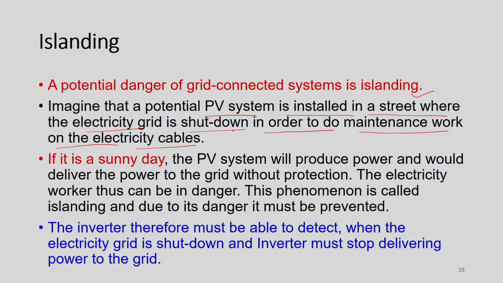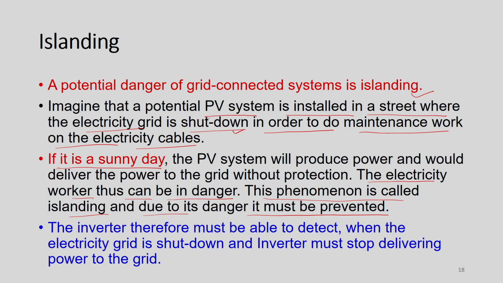If it is a sunny day, solar radiation is received by the PV modules, and the PV system will produce power and deliver it to the grid without protection. The electricity worker thus can be in danger. This phenomenon is called islanding, and due to its danger it must be prevented.